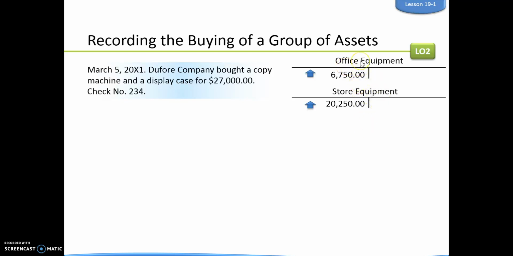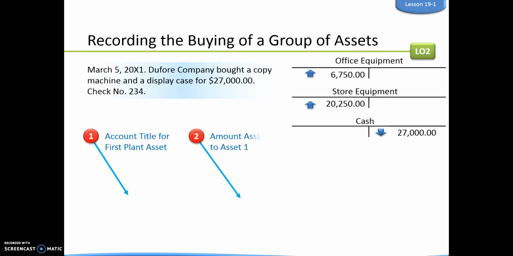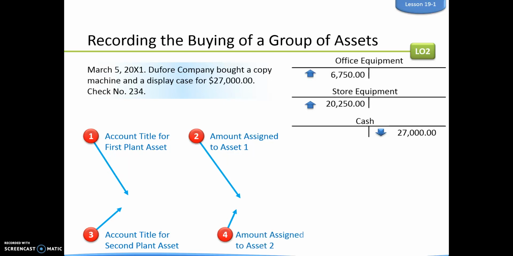So those two are getting debited, and then our cash is being credited. Now, for some reason, my graphic didn't download from our company, but we know that this goes in the cash payments journal. So office equipment would be debited, and store equipment would be debited, and cash would be credited. You guys should know how to do that.